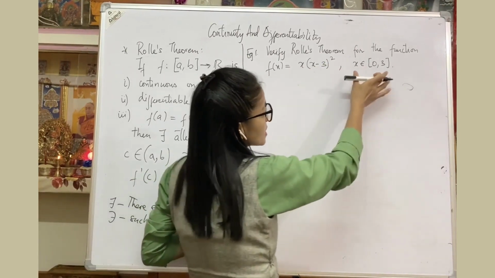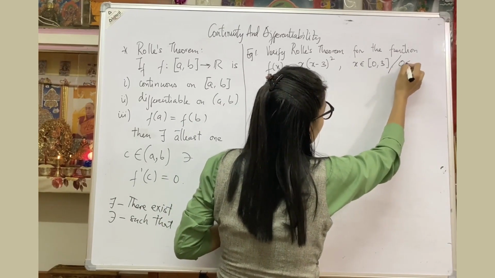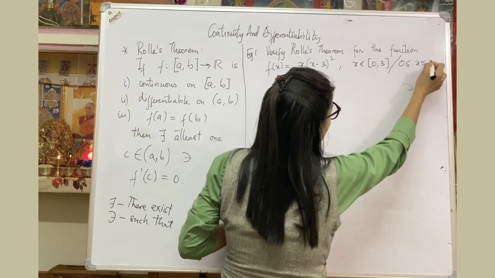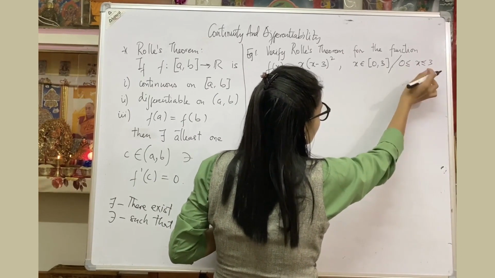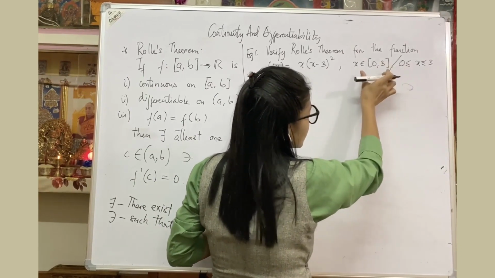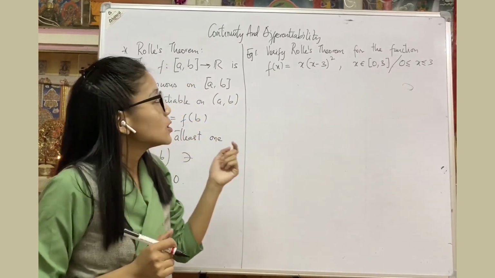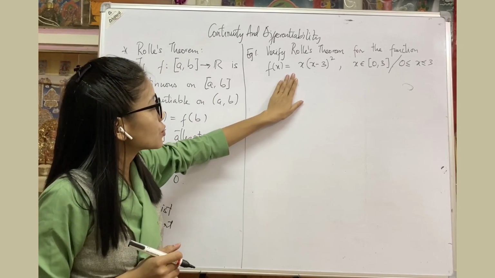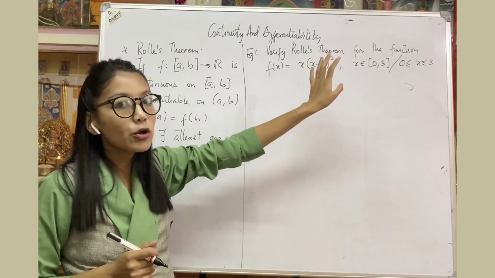In some questions you may be given x belongs to this, or in some questions you may be given as x is greater than or equal to 0 and x is less than or equal to 3. Whether it is given in this form or in this form, the meaning is the same. So you have to check whether Rolle's theorem is applicable for this function in this interval or not.